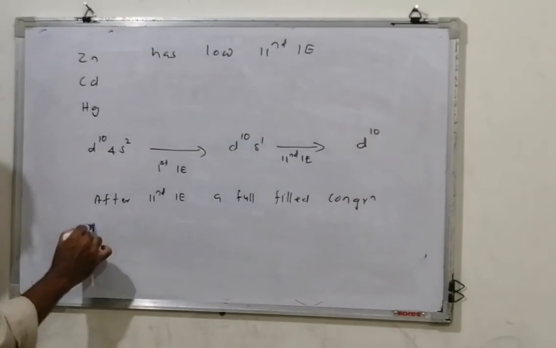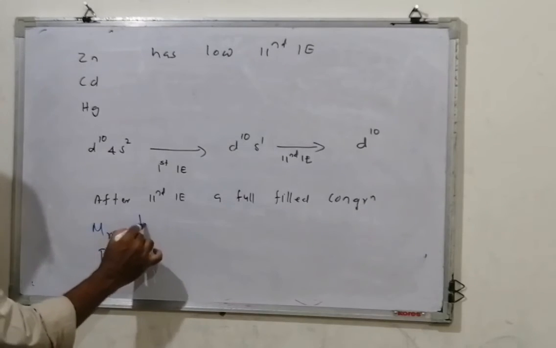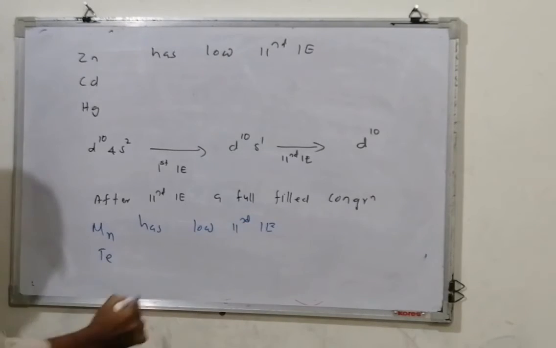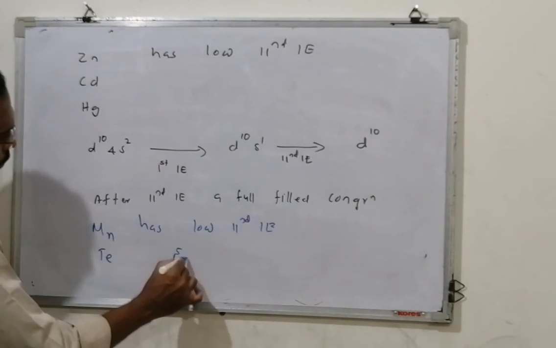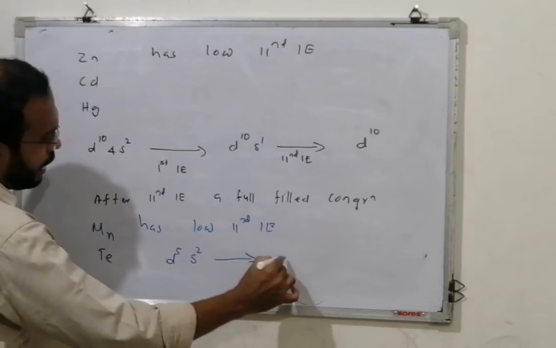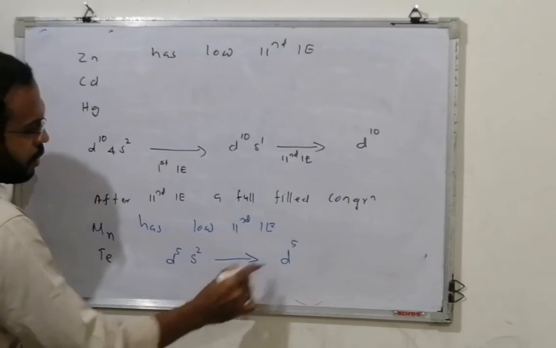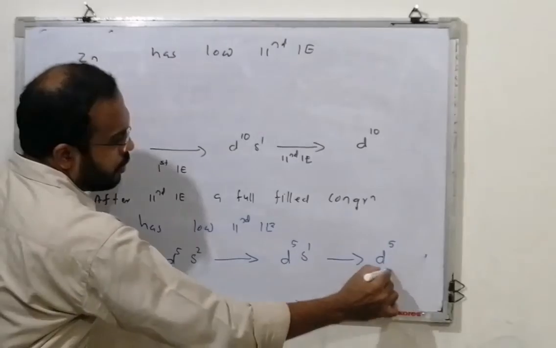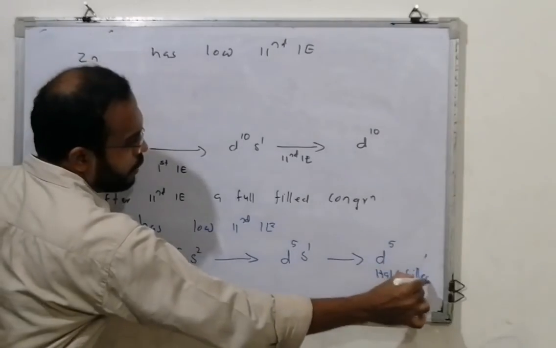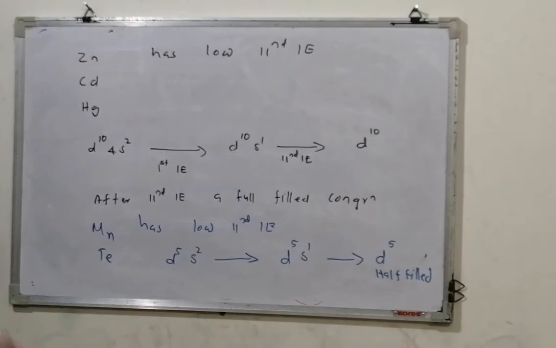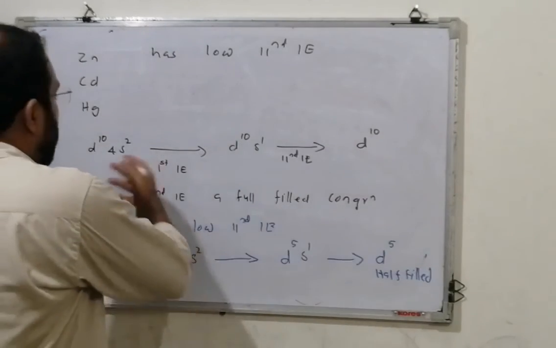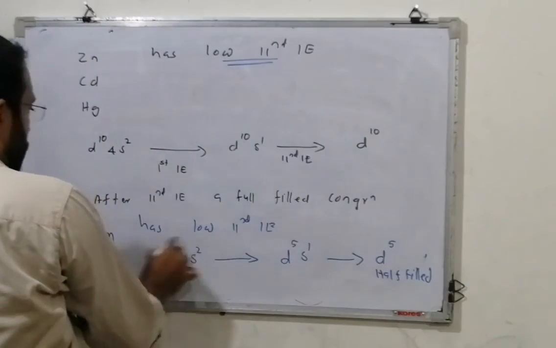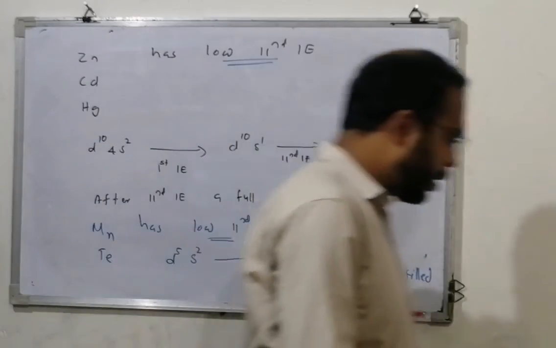Similarly, manganese and technetium have low second ionization energy. Their configuration is d5 s2. After first ionization, d5 s1; after second ionization, d5, which is half filled. Here after second ionization you have a half-filled configuration, and there a filled configuration. Therefore they have low second ionization energy.